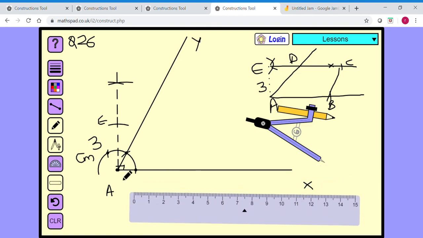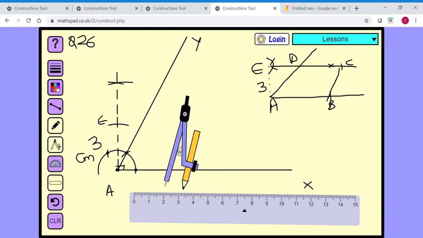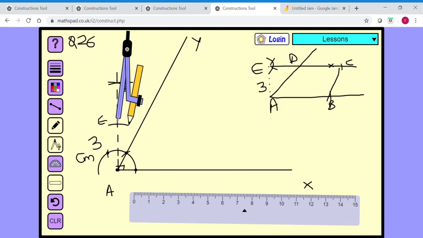Perfect. Next, I need a 90-degree line at E. Why? Because I know that EC is parallel to AB. Perfect. Oh, is this too big? Yeah, let's try this. Okay, let's see if this works.